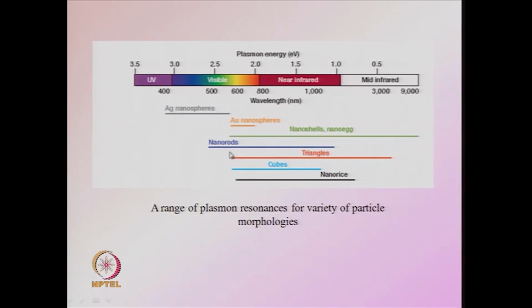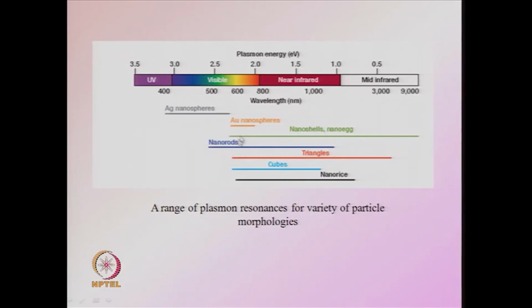So, for example, gold spheres of particular size can have a surface plasmon resonance band, SPR band, around 600 to 800 nanometers, which lies from the orange to the red region, and that is why you normally see gold particles in the orange red region.